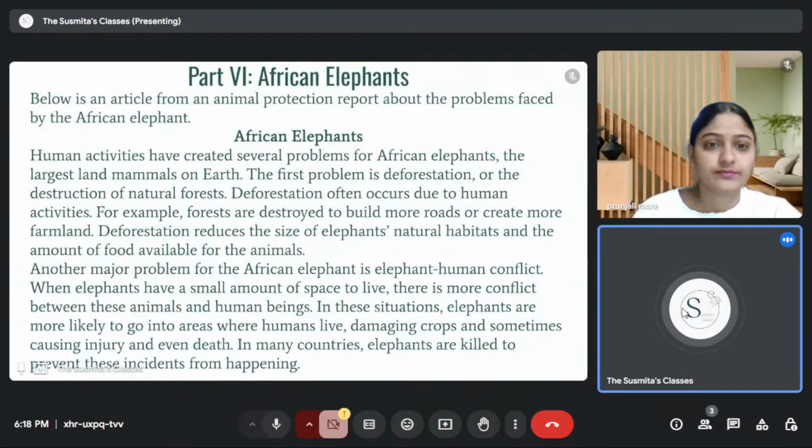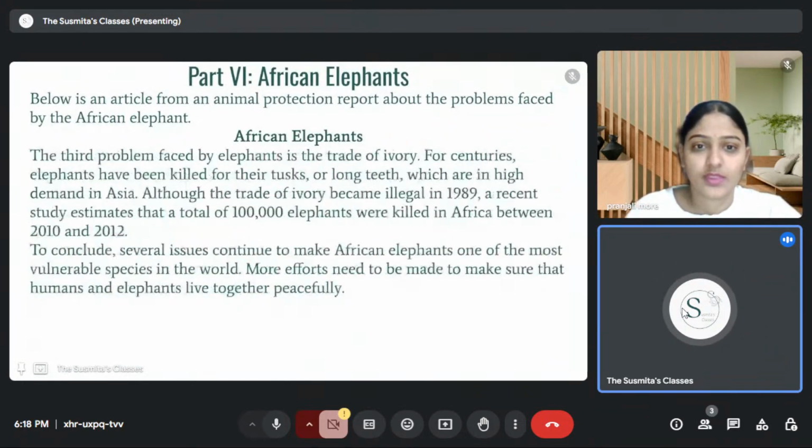I think it's the same article. No, it's a different article. Read the article, tell me once you're done. It is continued on the next page.